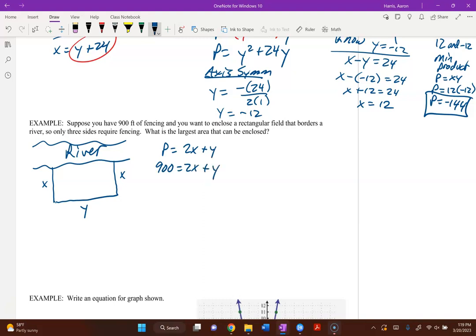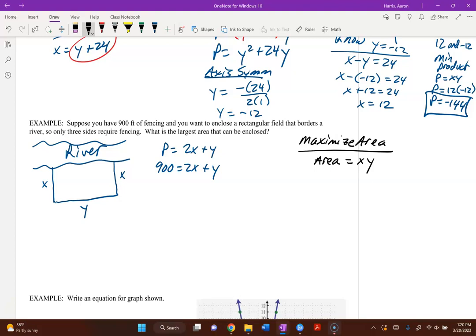So here's my first equation. Now we're trying to maximize the area that it encompasses. Well, what's the area of a rectangle? Good, length times width. So we got X times Y, right? That's what I'm trying to maximize.